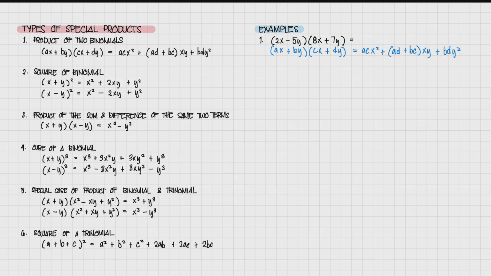A is 2, C is 8, so we have 16 x squared, plus A times D, which is 2 times 7, plus B times C, which is negative 5 times 8, times xy.